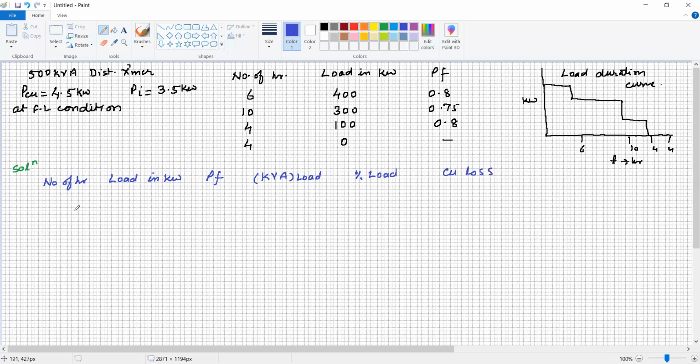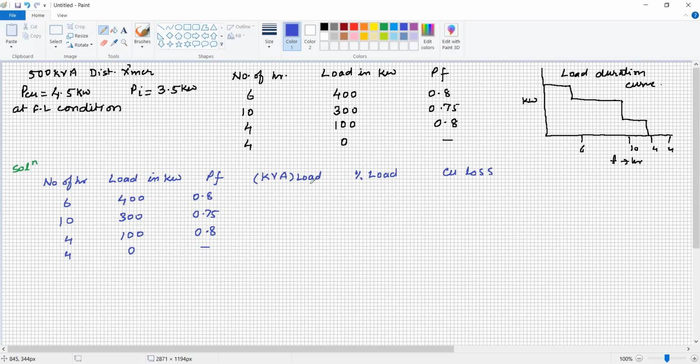For example, this is 6 hours, 10 hours, 4 hours, 4 hours. The load in kilowatt is 400, 300, 100 and 0. Power factor is 0.8, 0.75, 0.8 and none. So what is the KVA?